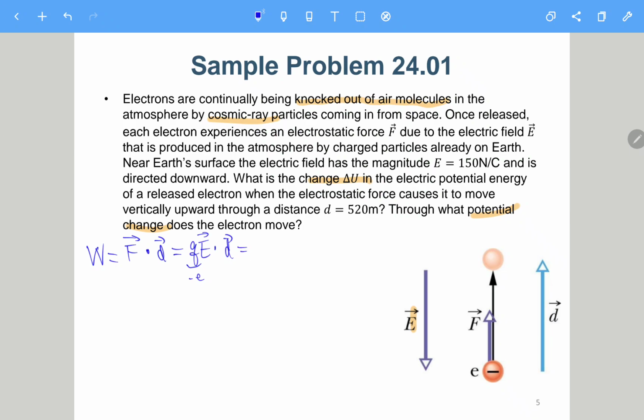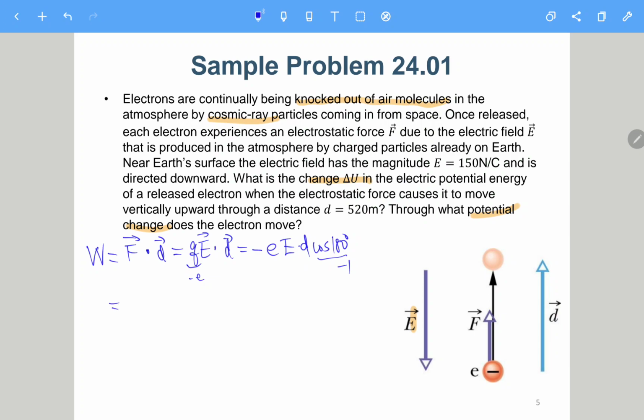So it will be negative E times D times cosine of 180 degrees, since E and D point in opposite directions. This gives you -1, which cancels with the negative sign in the front.